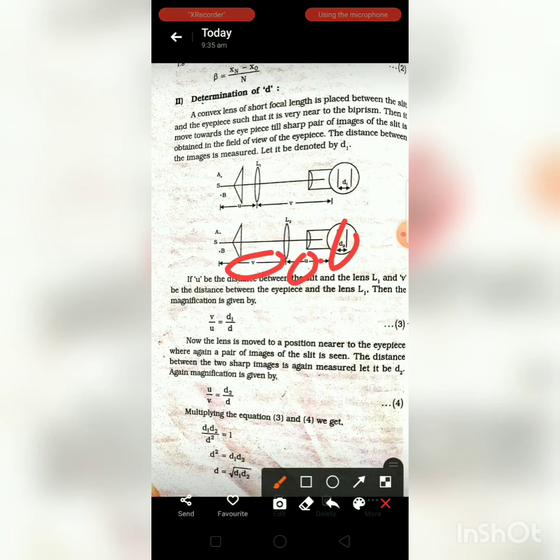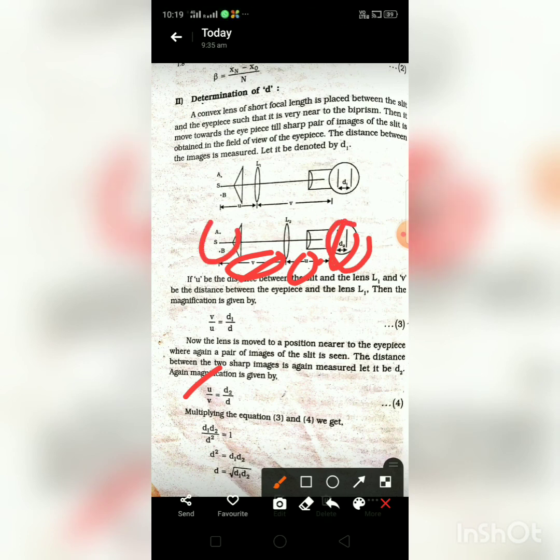So the magnification, image distance u divided by object distance v, is equal to image height d2 divided by object height d.